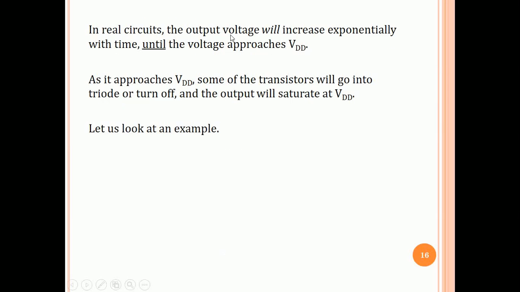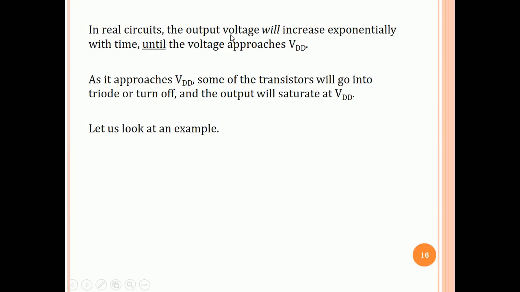In real circuits, the output voltage will increase exponentially with time until the voltage approaches VDD. VDD is the power supply applied to the op-amp. As the output voltage approaches VDD, we look inside the op-amp, the circuit inside the op-amp.